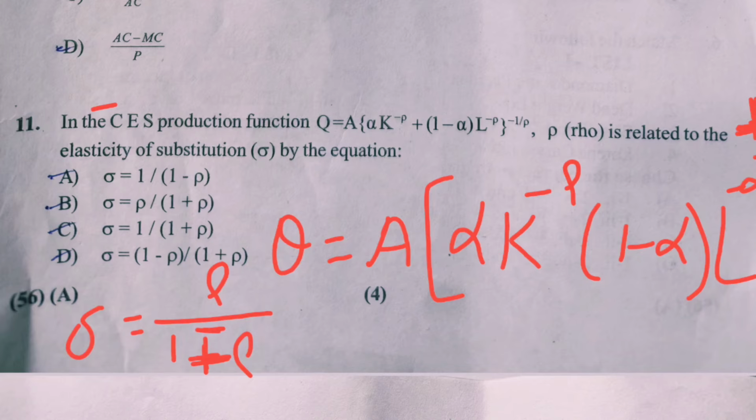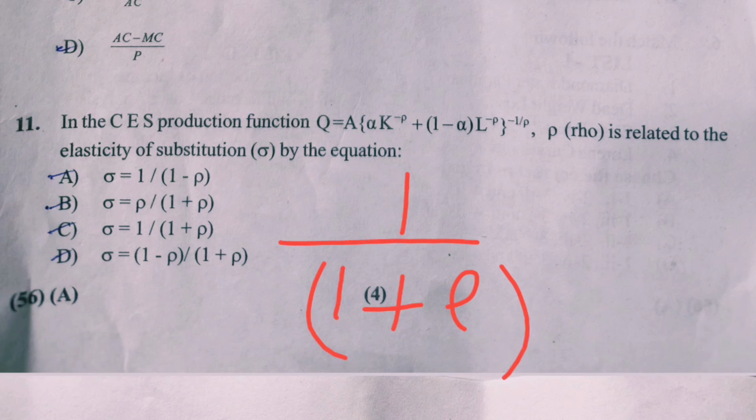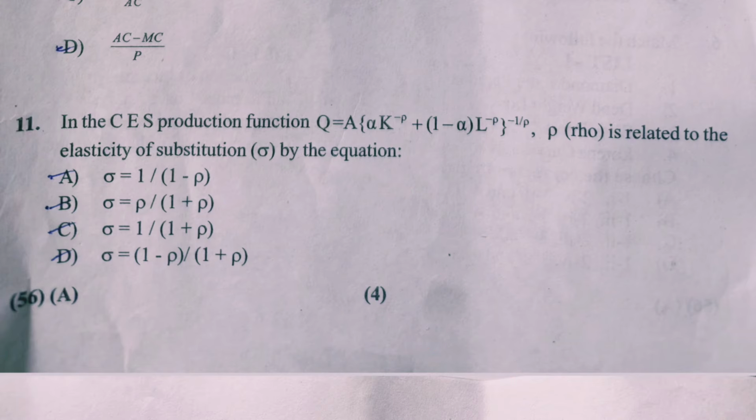Sorry, my bad, it is in fact equal to 1 divided by 1 plus rho. So if here it is negative, here it should be positive. The only thing we have to remember here is this, and I have derived it n number of times.